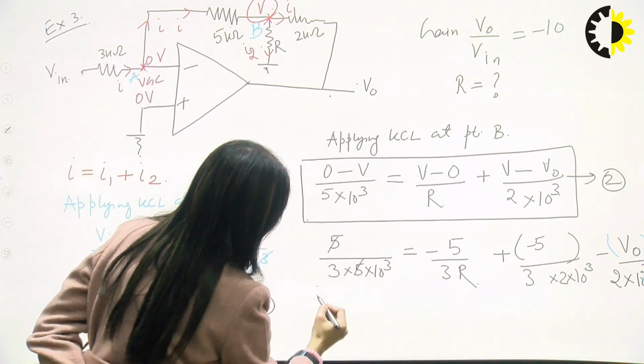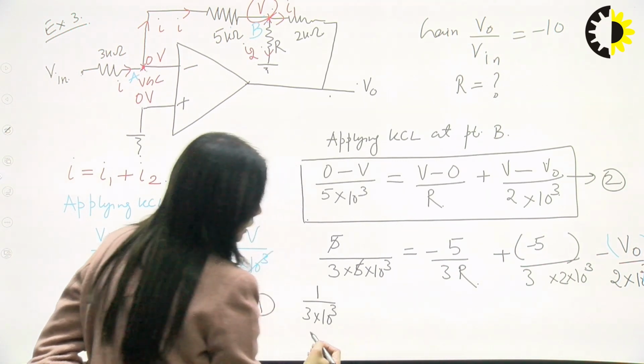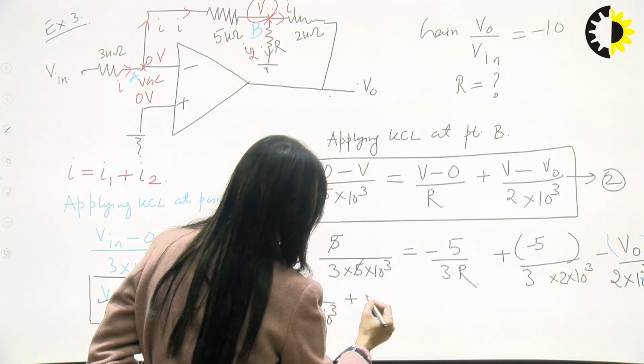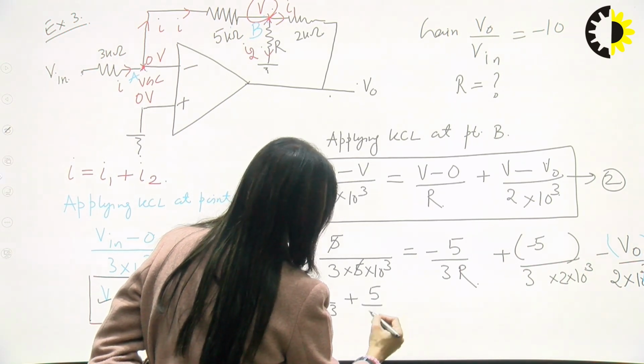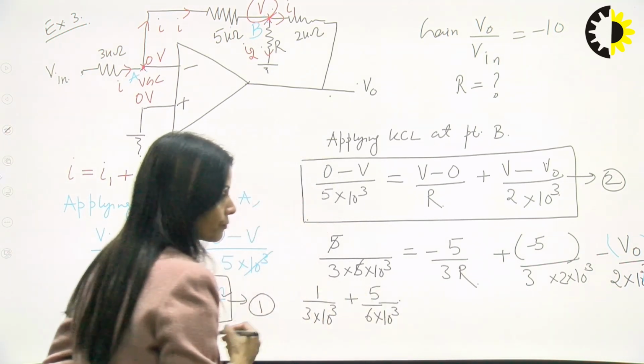5 to 5 cut, 1 upon 3 into 10 raised to the power 3, right, plus 5 upon 6 into 10 raised to the power 3.